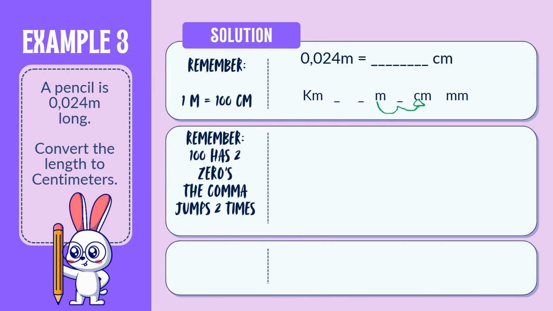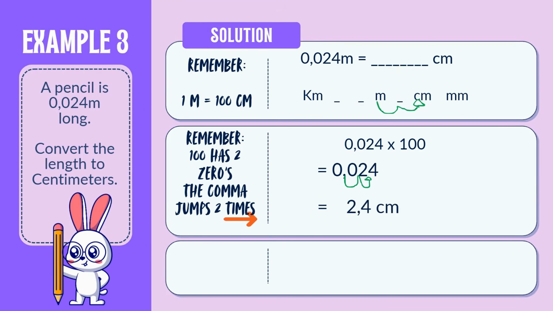But from meter to centimeter, we are moving from left to right, so we are actually timing now with 100. Your comma is in between the 2 zeros. You pick up your comma and you jump 2 times to the right. Your comma now moves in between the 2 and the 4.